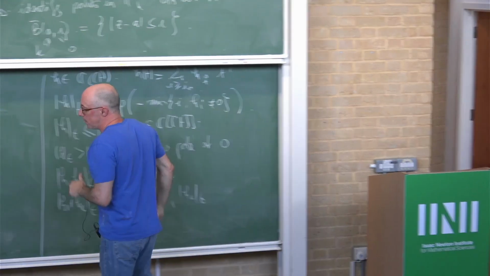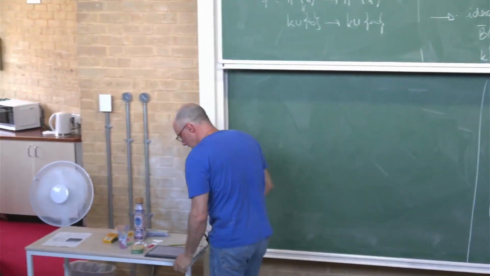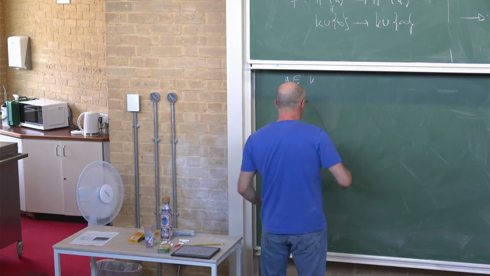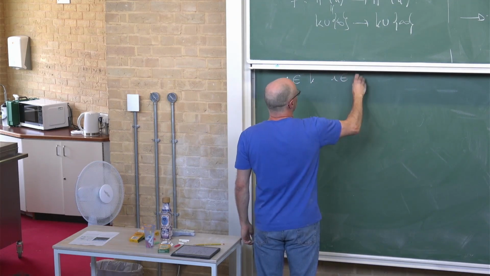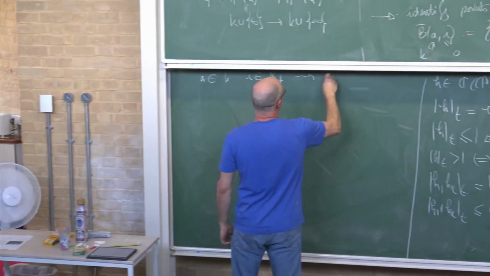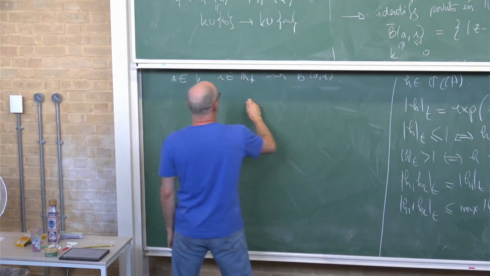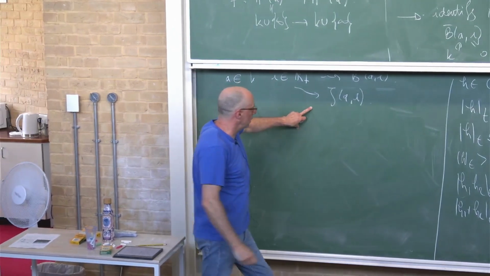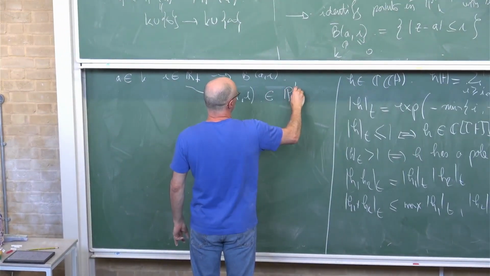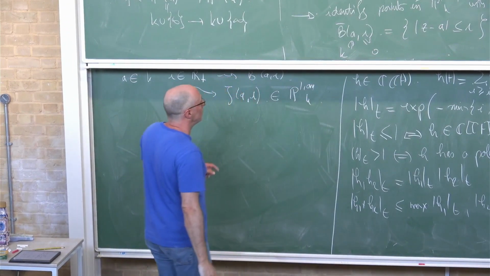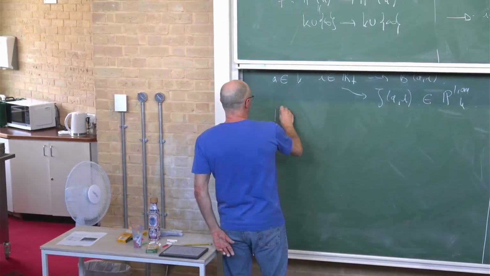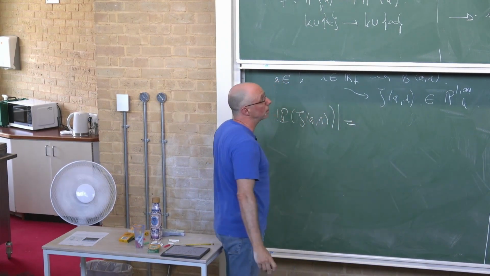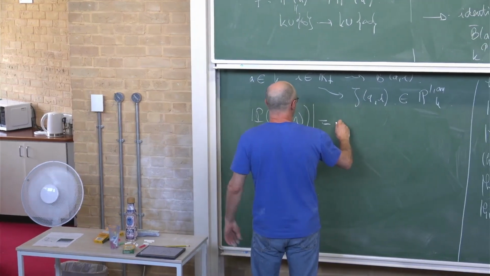Okay, so let me explain. If you have a point A and some non-negative real number R, so I have this ball, and I'm going to attach a point, which I write zeta of A, R, inside the Berkovich identification. And what is its value on a polynomial? By definition, it's going to be the max, or the sup.